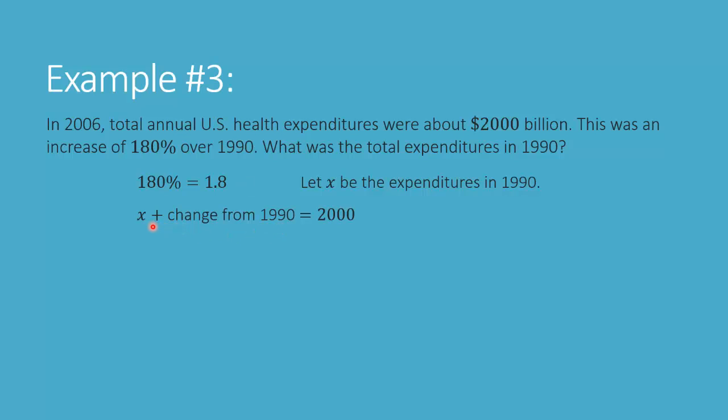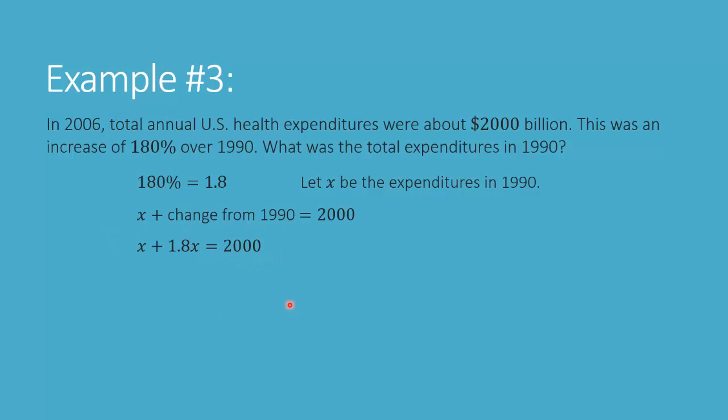So now we have to look at what the change from 1990 is. Well, the second sentence tells us this was an increase of 180% over 1990. So that means that the change from 1990 is 1.8 times X, which is 180% over 1990, which is X, because we don't know what that expenditure was in 1990.